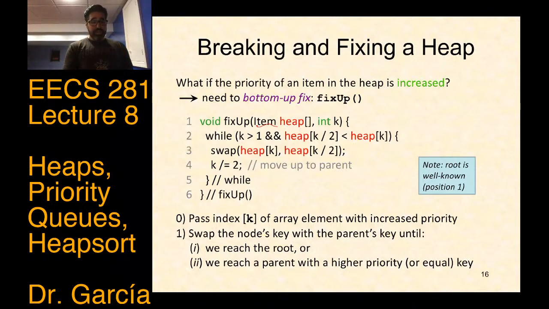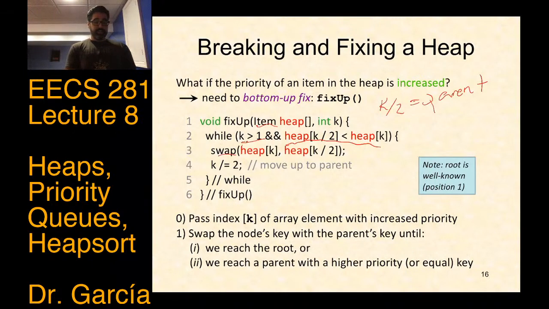So while K is greater than 1, that is, while we can continue looking for things to potentially fix, check if indeed I need to make the fix. Notice that K divided by 2 is the parent. So I'm comparing the parent against the current node. If the parent is less than, then I need to swap. So that's where I would do my swap with the parent.